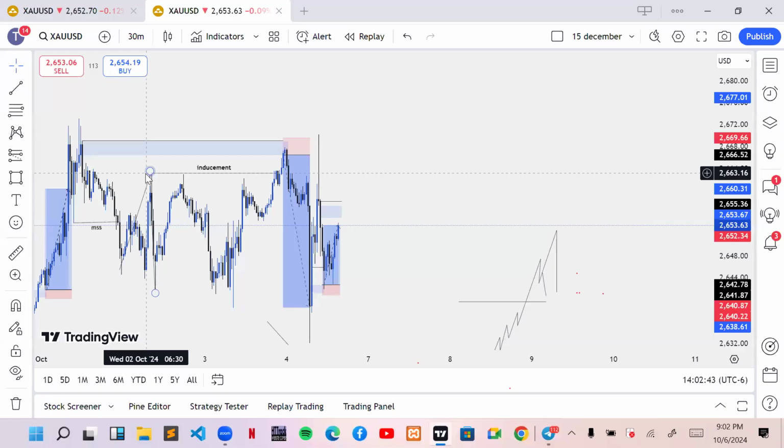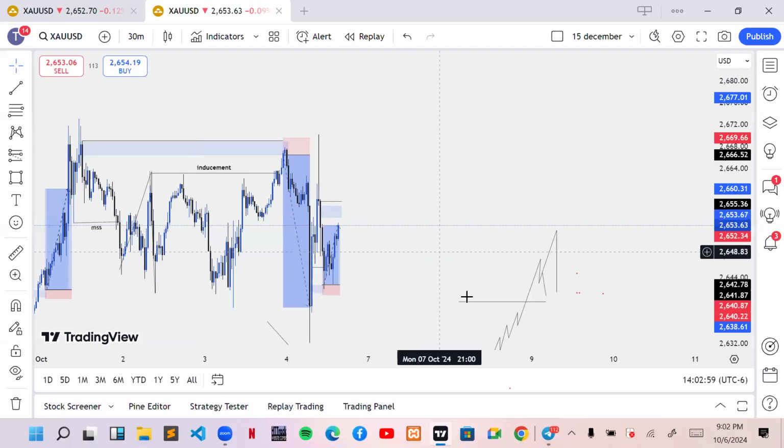It broke structure too. So this was the shift in market structure. After that, market made this pullback here that now took market down to the zone it broke structure to. That is why I marked this one as my inducement. You can as well mark this one, it won't matter. But I picked the first one. I always pick the first one.